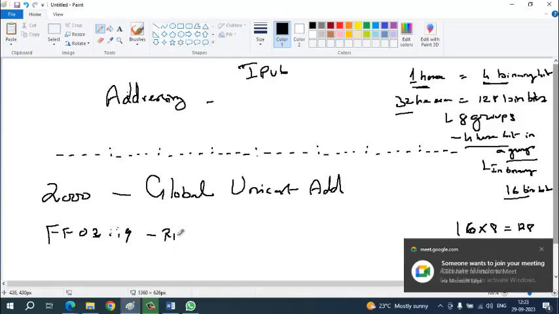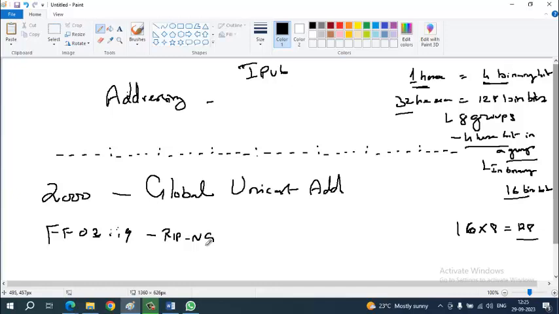RIP-NG. So there is a reservation for unicast address. There is a reservation called multicast address in IPv6. Example, FF02 colon 9 is for IPv6 RIP. We call this RIPng, RIP next generation. Likewise, FF02 5 and 6 for OSPF, FF02 colon A is for EIGRP.